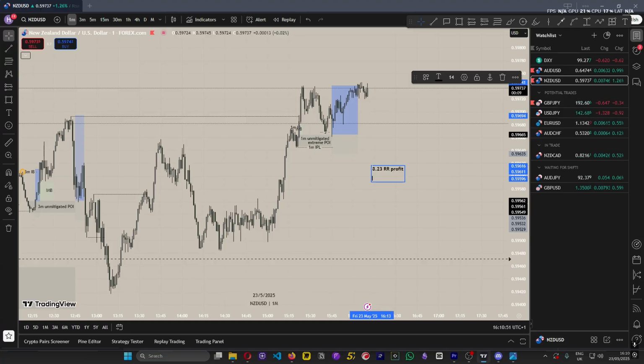Now, I just want to put this in perspective, okay? So look, if you just focus on these high probability scenarios, for example today, by doing that, I managed to make 8.23 risk to reward. Now, I always risk 0.5%.